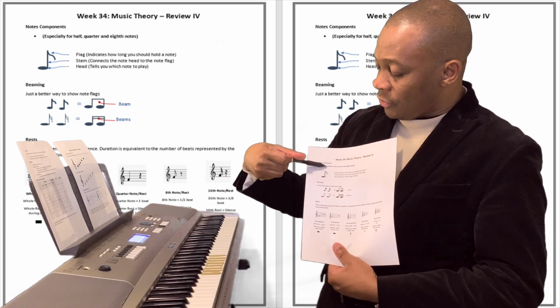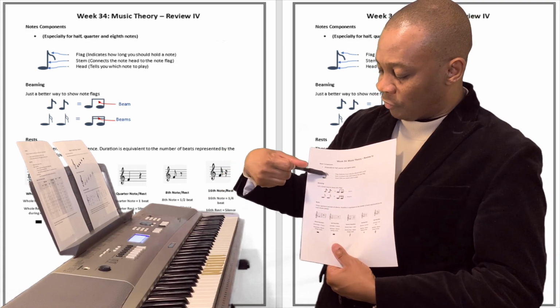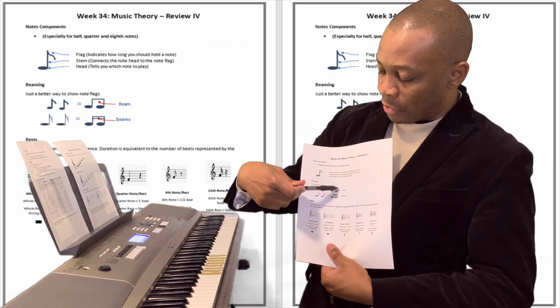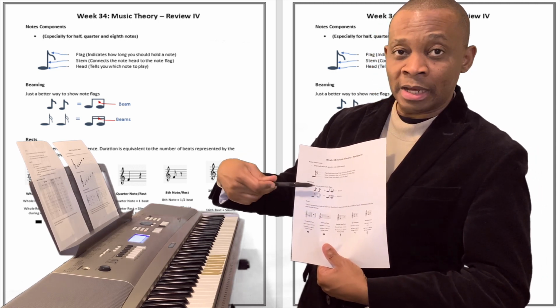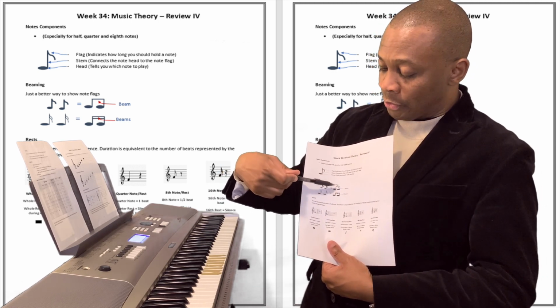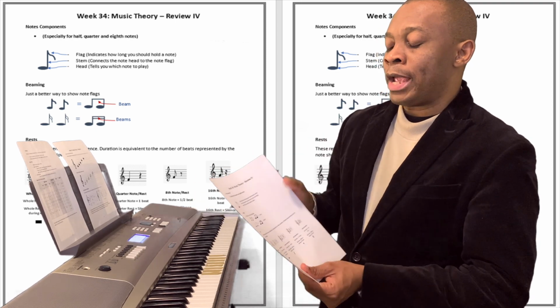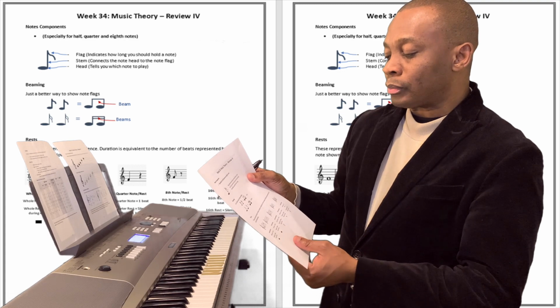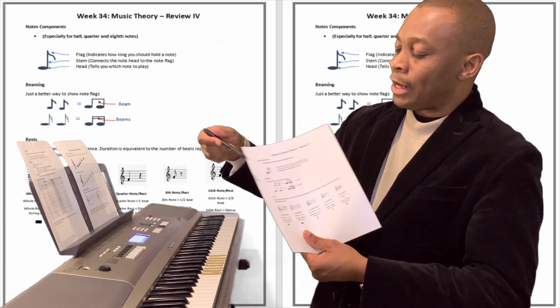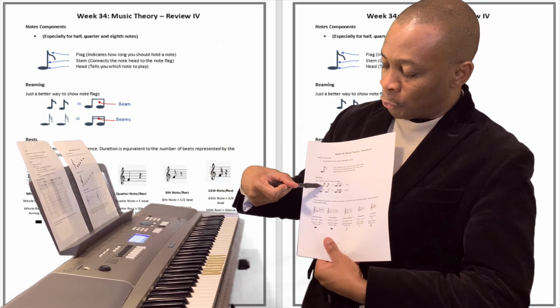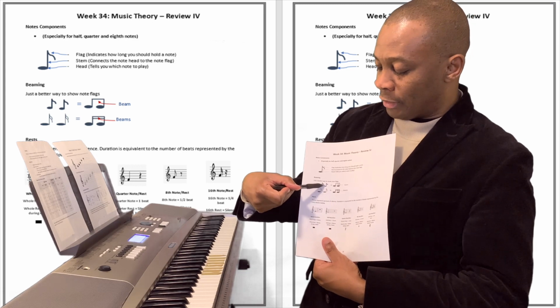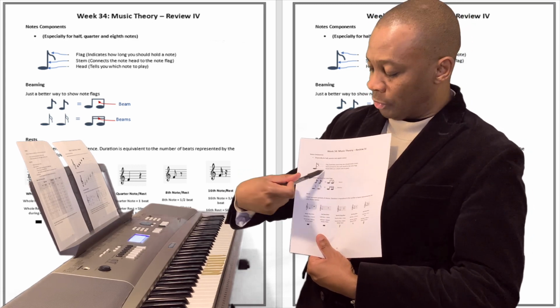But instead of writing your notes like this with a flag, sometimes they write notes with a beam like this. The horizontal line just connects those two notes together. So for example, you have two eighth notes over here like this. You can write them just like this and put a beam across them.